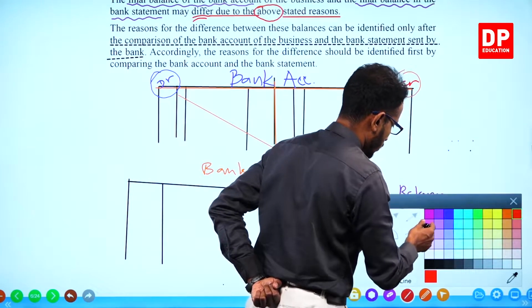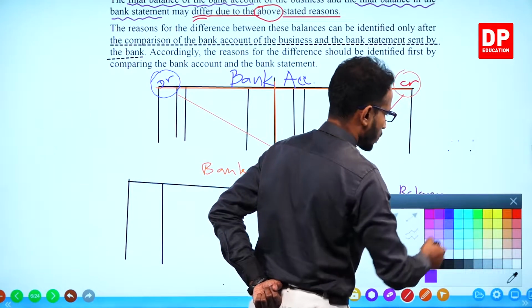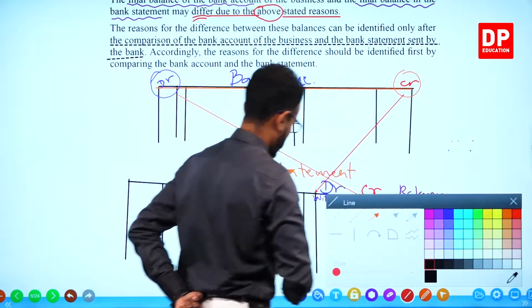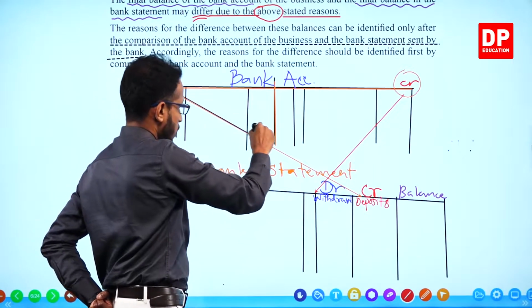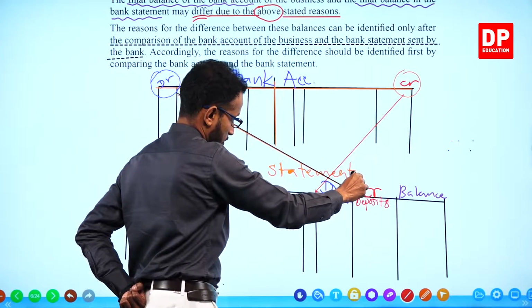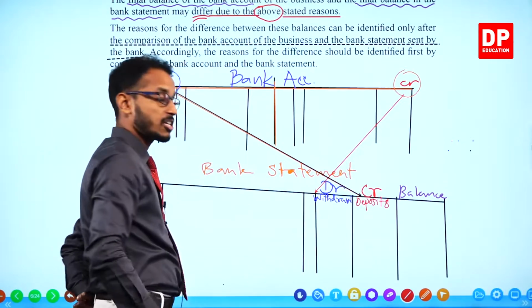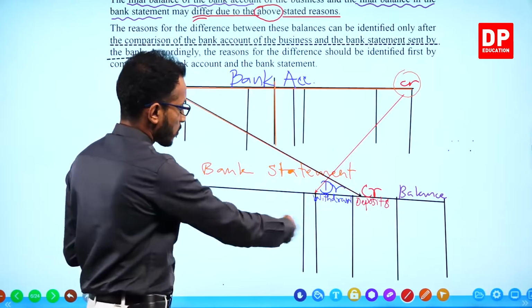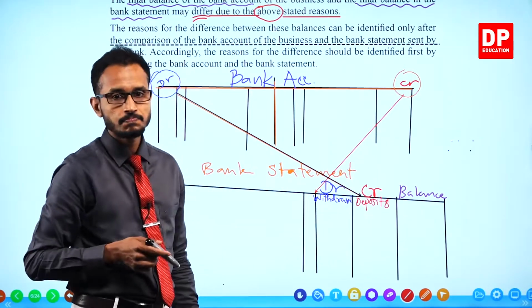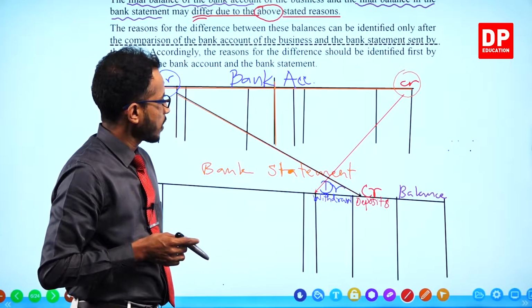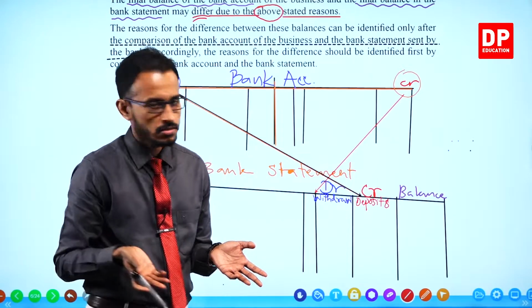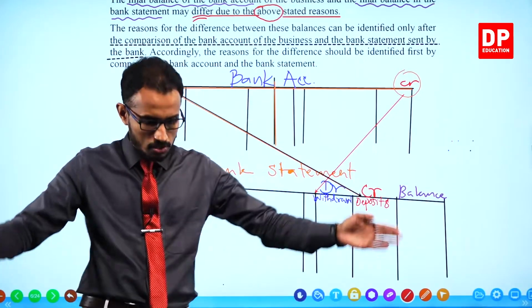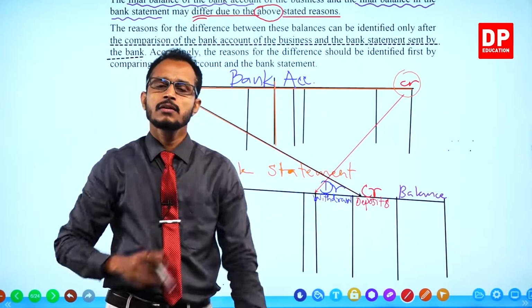If you watch the previous video, I explain the format of the bank statement. Okay, right. Why do we compare now? What is the reason for this cross-checking?